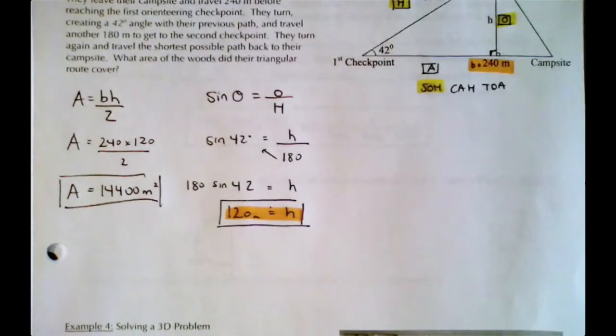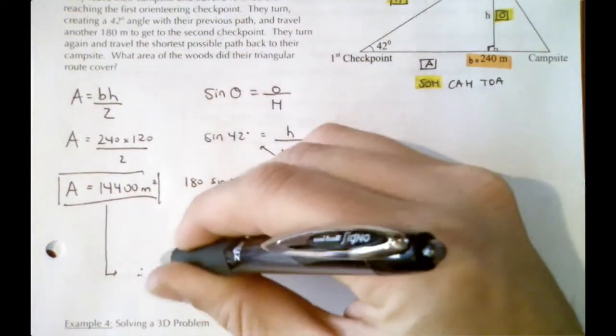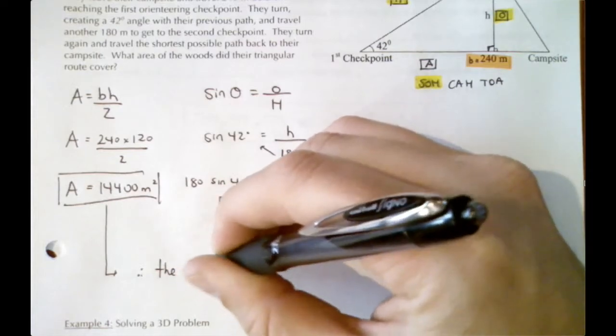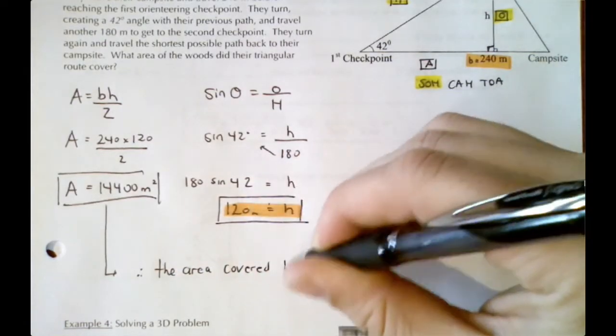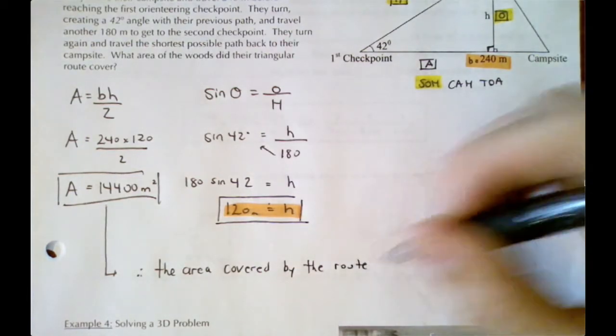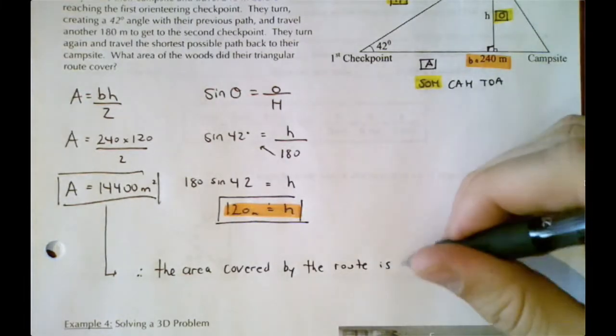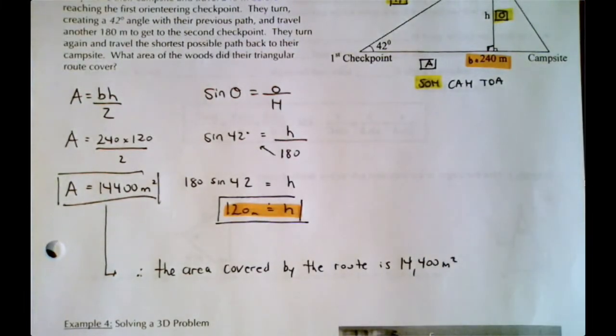So now we can write a conclusion. Therefore, the area covered by the route is 14,400 meters squared.